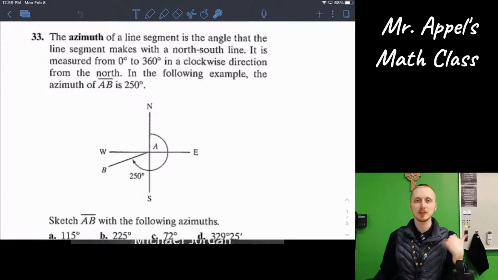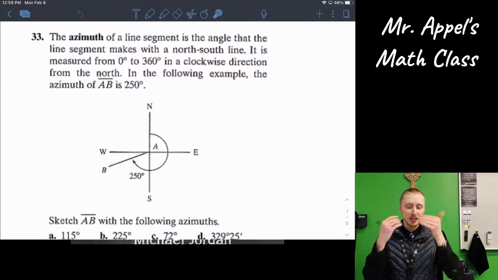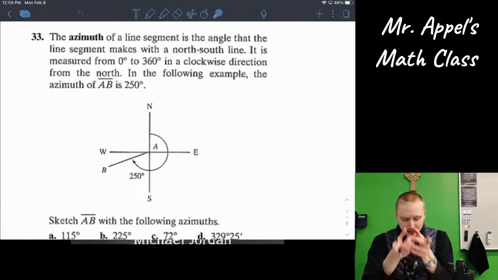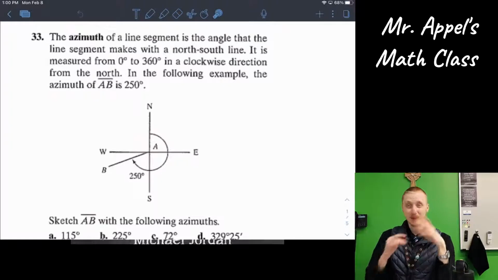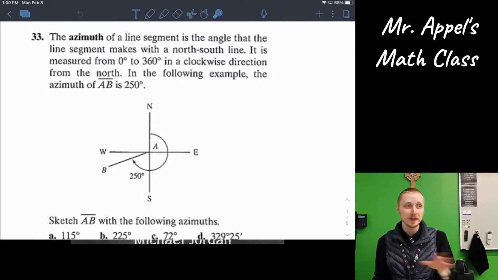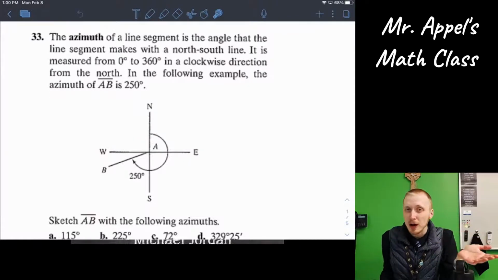It is more important to me that instead of just knowing azimuth, you have the ability to be given a new thing: here, take this, figure out how it works. Okay? That's what we're practicing with these problems, because that's going to happen to you all the time. You're going to encounter new stuff in everyday life and in your career where people will just expect you to figure it out.